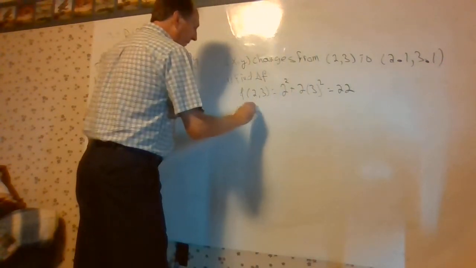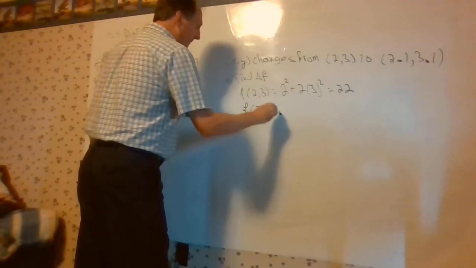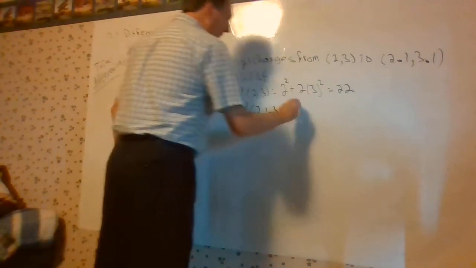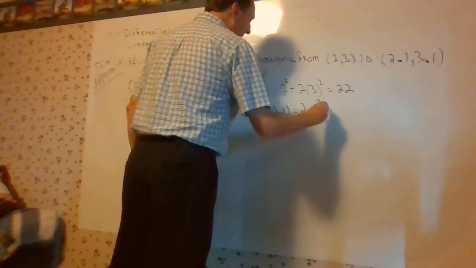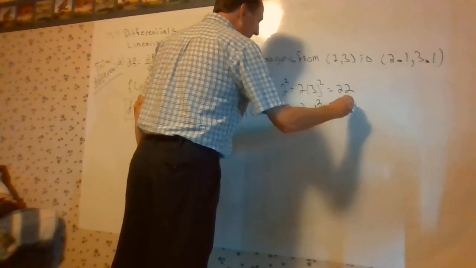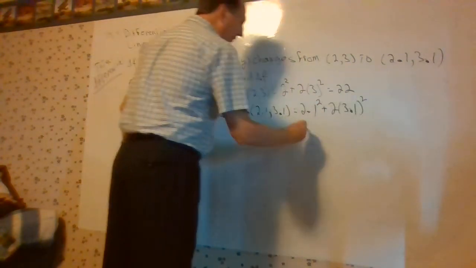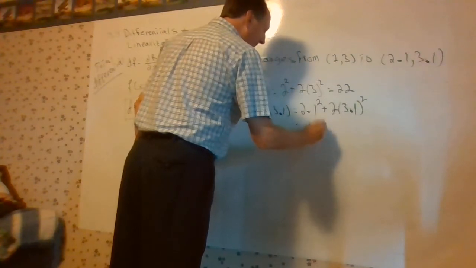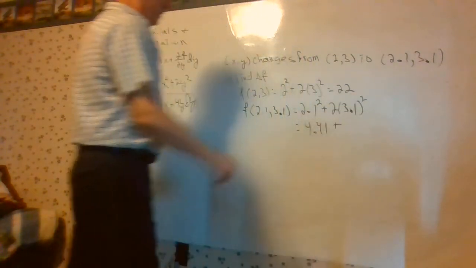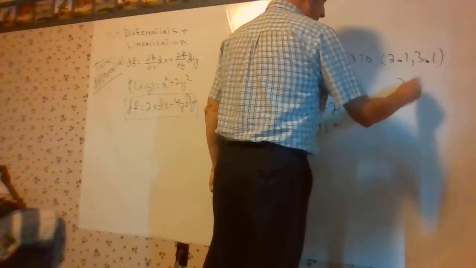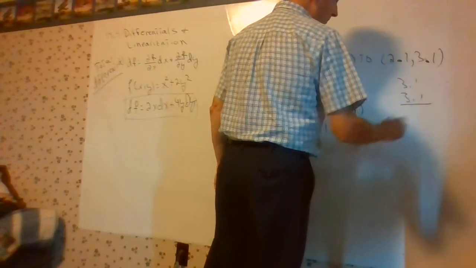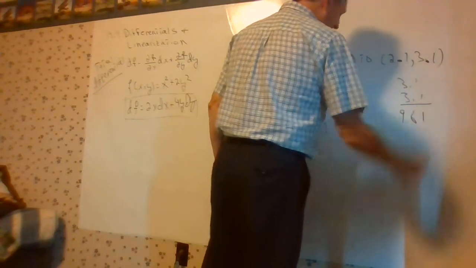And you can calculate f of 2.1, 3.1. 2.1 squared plus 2 times 3.1 squared. 2.1 squared is 4.41. And 3.1 squared, 3.1 times 3.1, I believe that's 9.61.